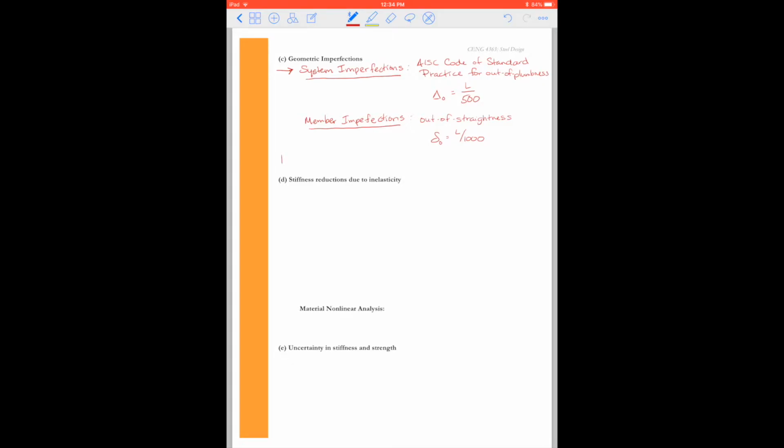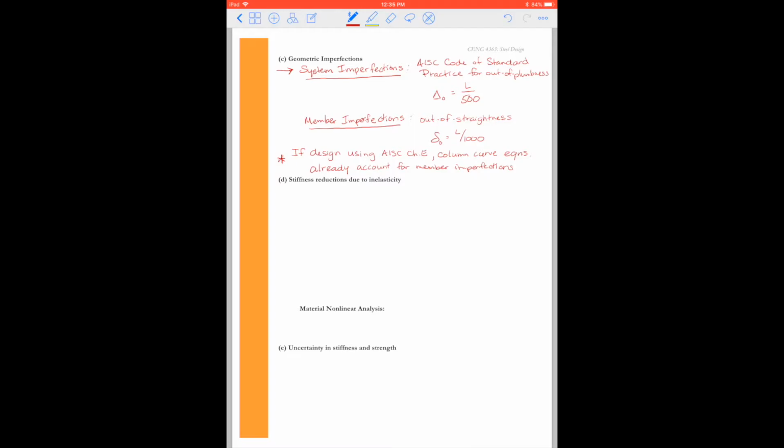And I just want to make a note here that we don't necessarily have to incorporate the member imperfections if we design using Chapter E. So if we design, which we will be doing in this class, using AISC Chapter E, then our column curve equations already account for member imperfections. Okay, so that means when we do our analysis, all we have to worry about are the system imperfections.